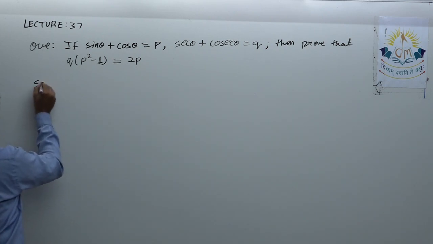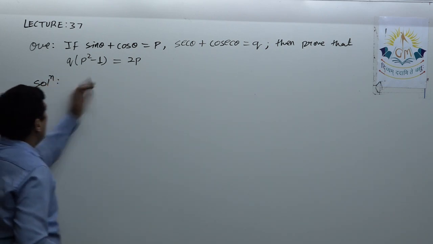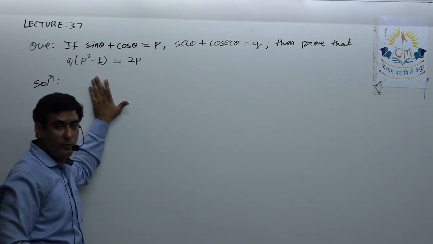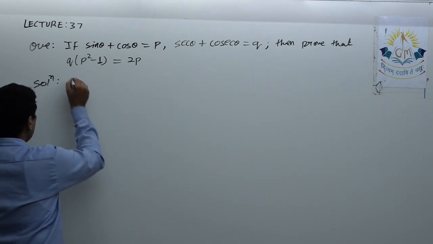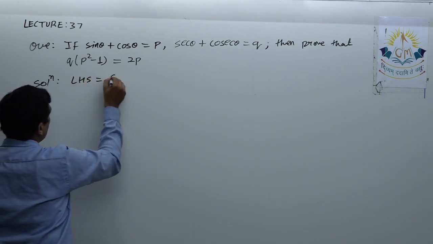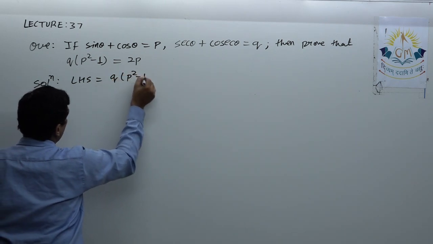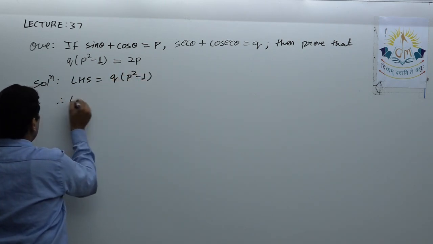So it is again similar to the previous sum. We'll start with LHS, we'll put the values of p and q. So LHS is q multiplied by p square minus 1.